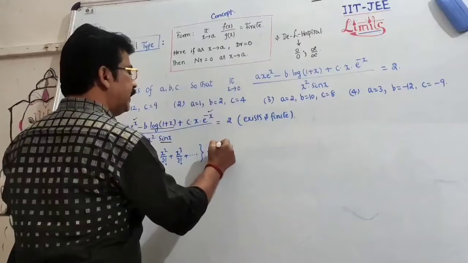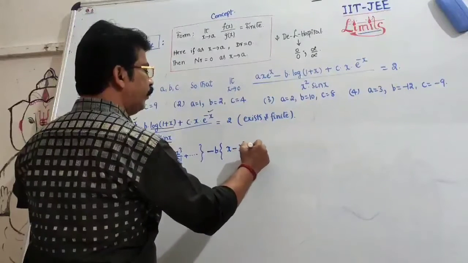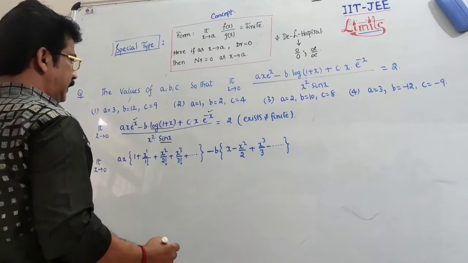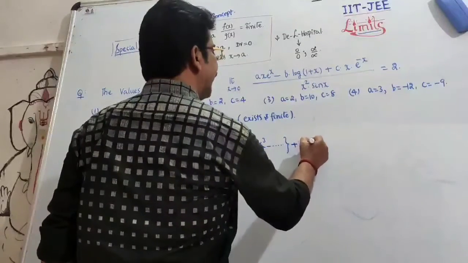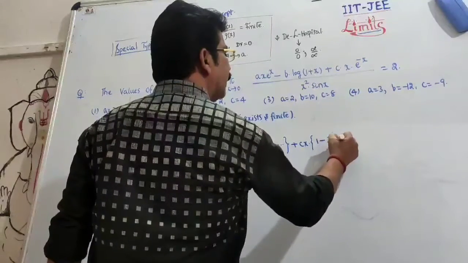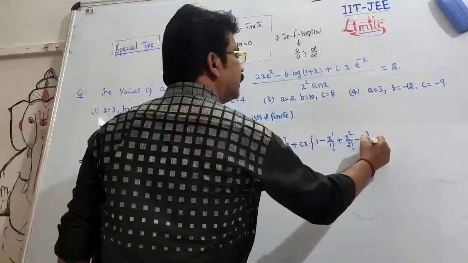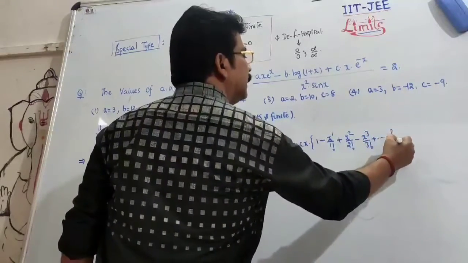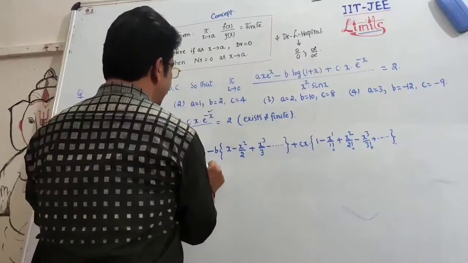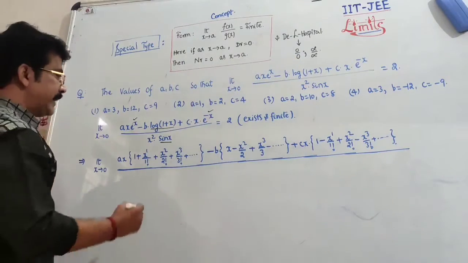Next minus b into x minus x square by 2 plus x cubed by 3 minus x to the power of 4, like that, plus c x into bracket e power minus x, 1 minus x power 1 by 1 factorial plus x square by 2 factorial minus x cubed by 3 factorial and so on, whole divided by, in the denominator, x square into sin x.